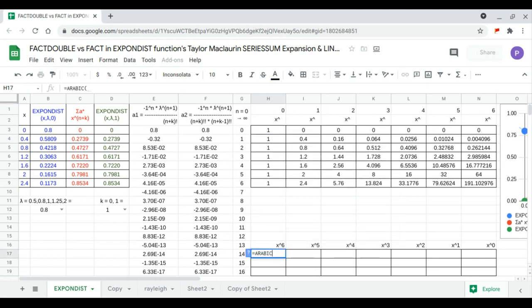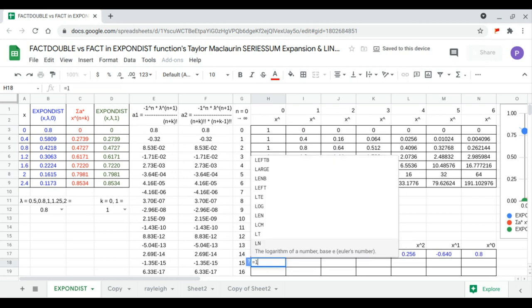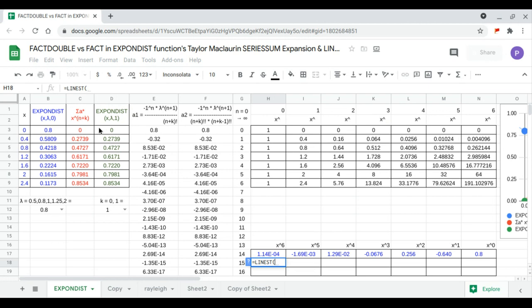So array formula of LINEST data y and data x. Then enter. Second part is the expansion. LINEST data y and data x. And finally, something's wrong. This one here is okay. This one here.